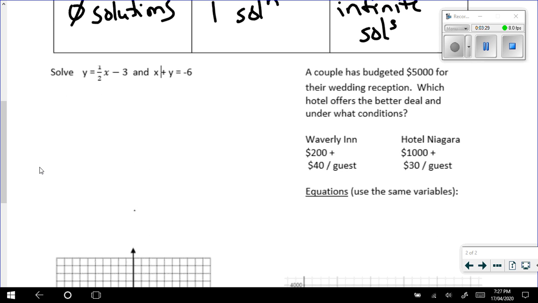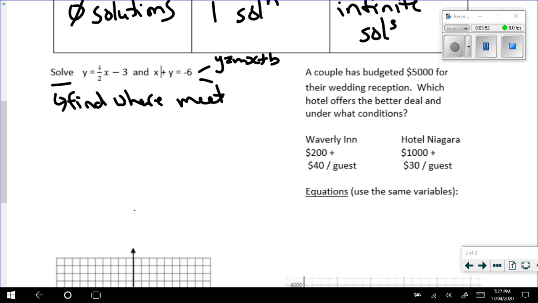So here we're being asked to solve. Don't know how to graph this. We could either do y equals mx plus b to graph, or we could do the intercepts.